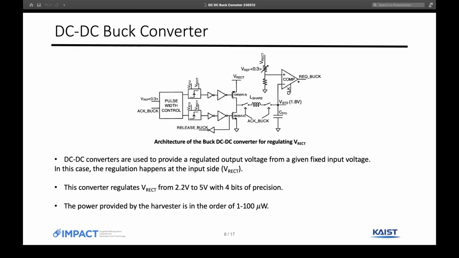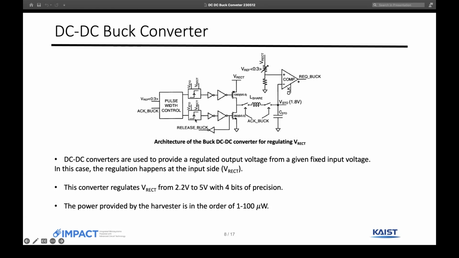Now let's talk about the DC-DC buck converter. Here is the DC-DC buck converter that is used in the piezoelectric energy harvester. DC-DC converters provide a regulated output voltage from a given fixed input voltage.